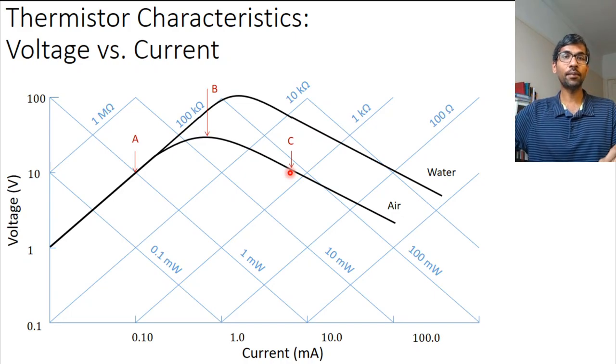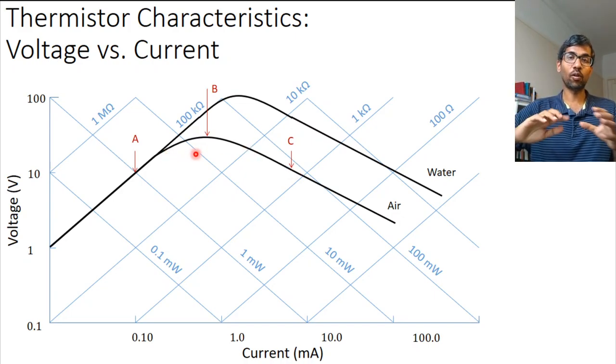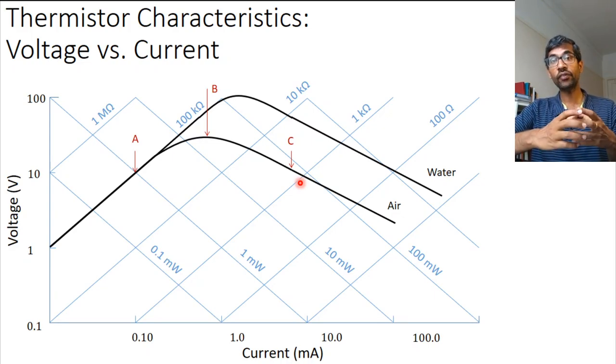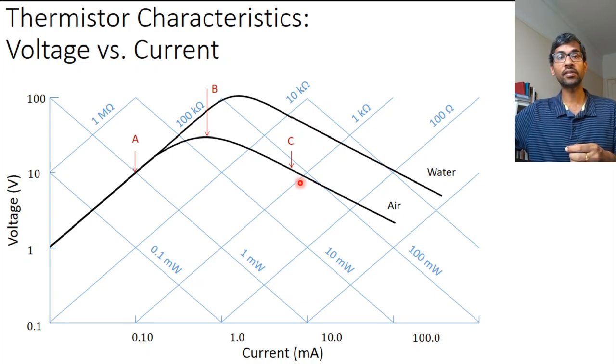Of course, all this is also determined by how much heat is taken away by the environment. If you put the same thermistor in water, you might get a curve like this, while in air, the curve was like this. One of the things you have to be careful with when using thermistors is that you don't want it to go into runaway.